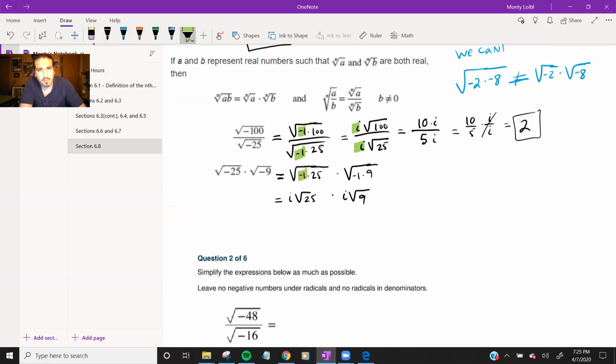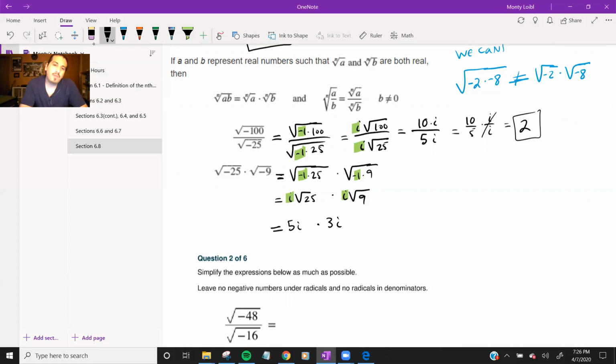Just to keep with it, that is where your -1 is coming from. When you take it out from the square root, it becomes i. It's how you evaluate the square root of -1. So this is now 5 times i. This here is 3 times i.